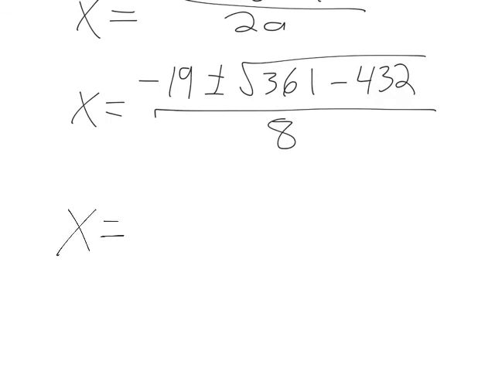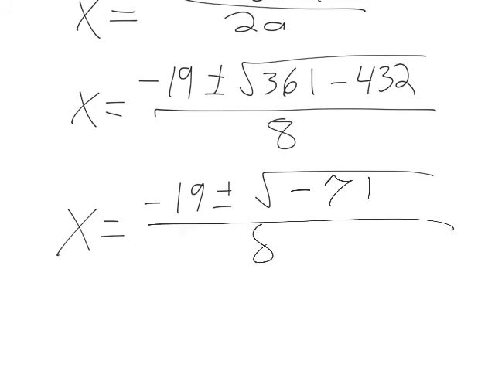All right, so X is equal to negative 19 plus or minus the square root of 361 minus 432. This is going to give us a negative value, so we're going to wind up with an imaginary number. And that's going to give me negative 71 over 8. It's kind of weird looking, isn't it? All right, so at least we know it's not an excluded value by having this kind of strange number here.